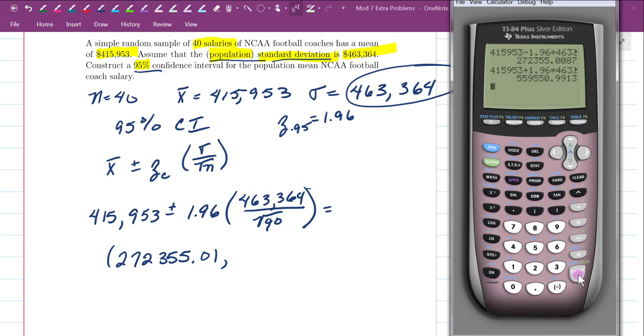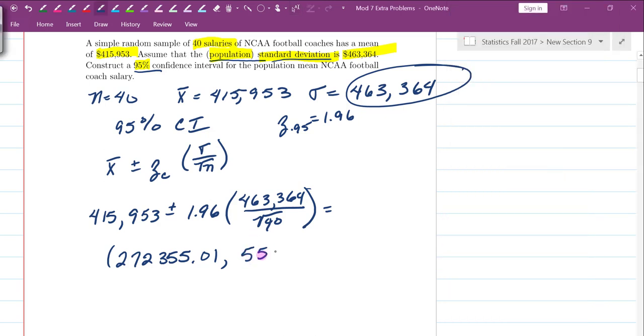So that is 559,550.99. So in reality, we essentially have that we are 95% confident that the true average salary for NCAA coaches is between $272,355 and $559,551 is what I would say.